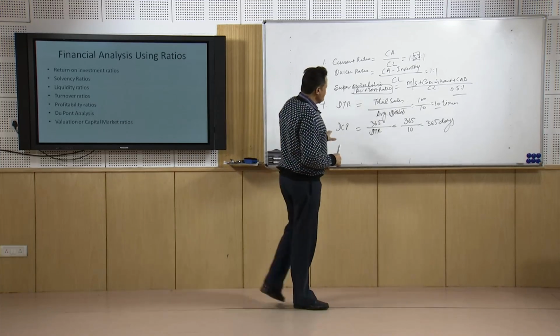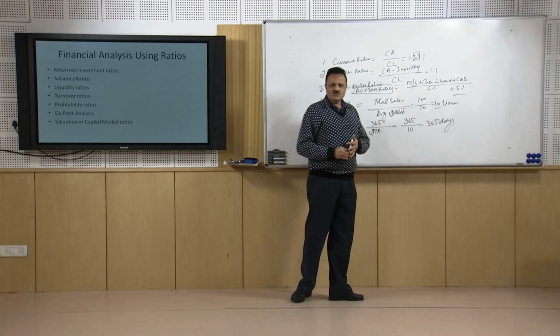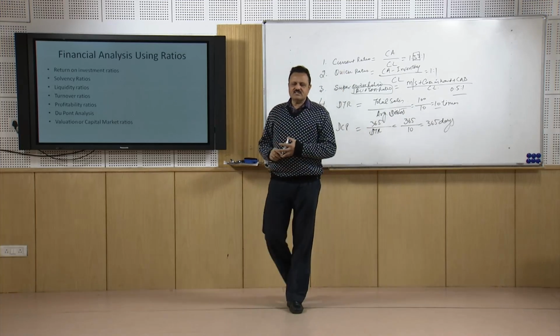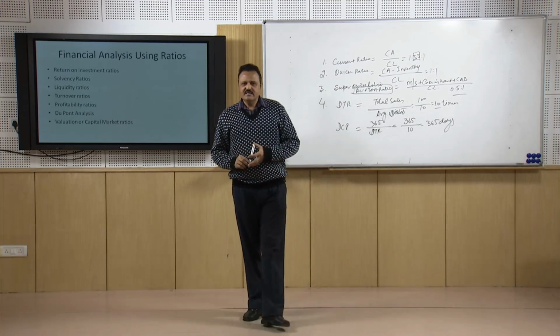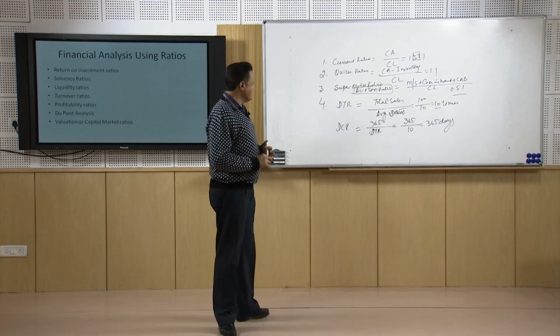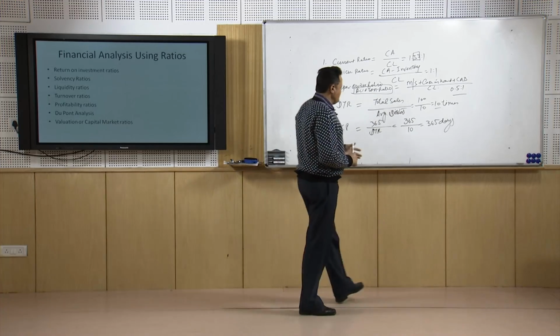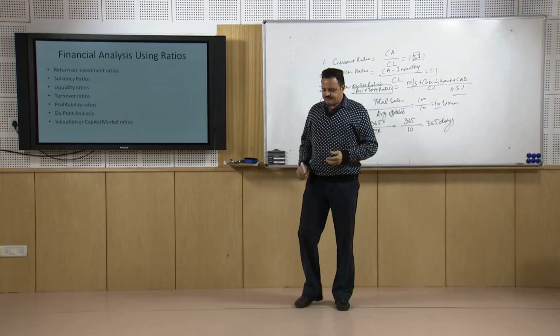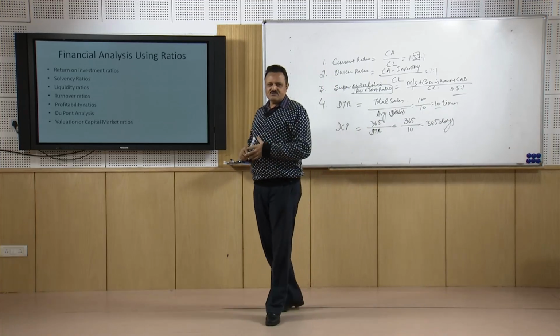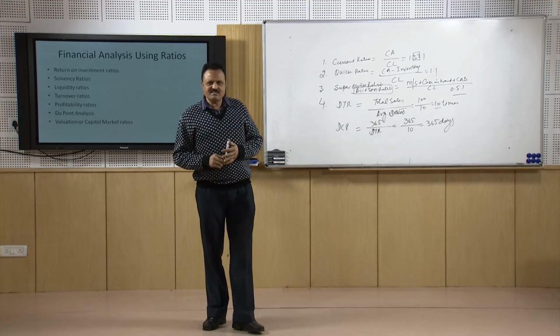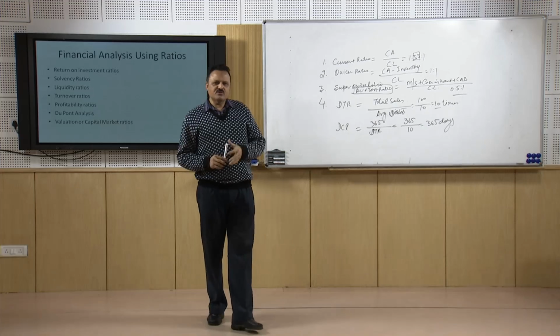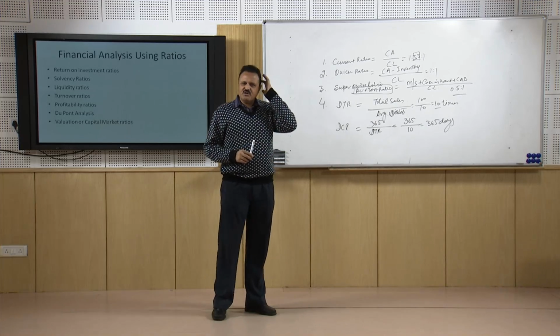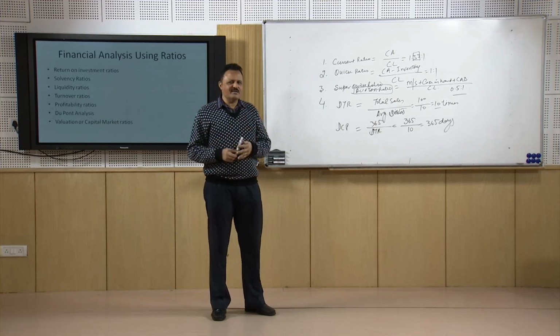But if you want to draw a better, logical conclusion, you always convert the debtors turnover ratio into the debtors collection period, which is 36.5 days in this case. So whatever credit sales the firm in question is making is collectible in 36.5 days, almost a little more than a month.